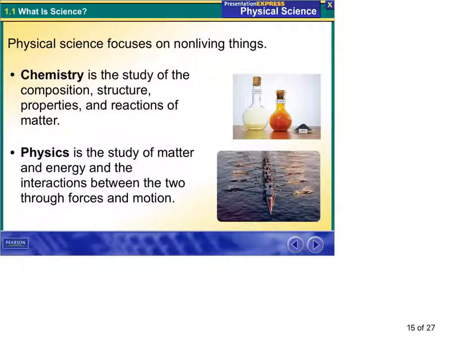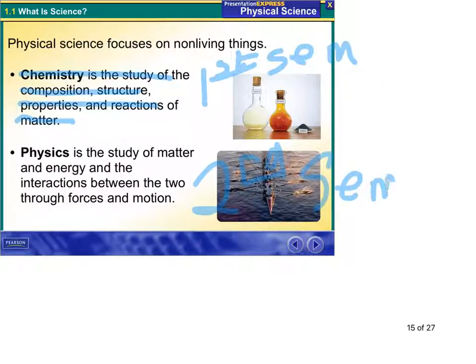Chemistry, which we'll spend a good portion of the first semester on, is the study of the composition, structure, properties, and reactions of matter. Physics, going to be our second semester, is the study of matter, energy, and the interactions between the two through forces and motion.